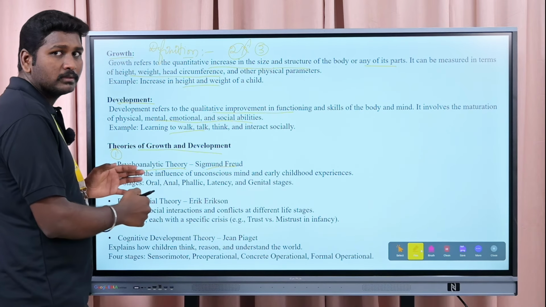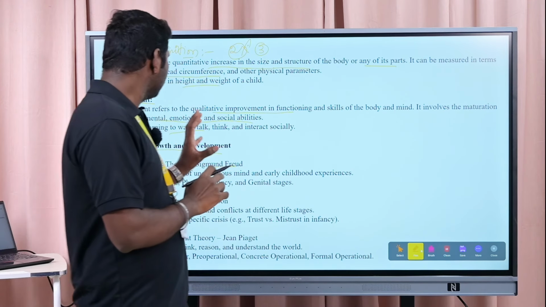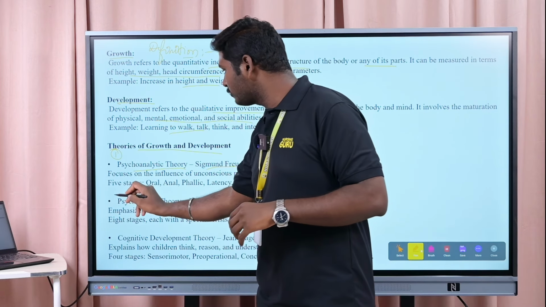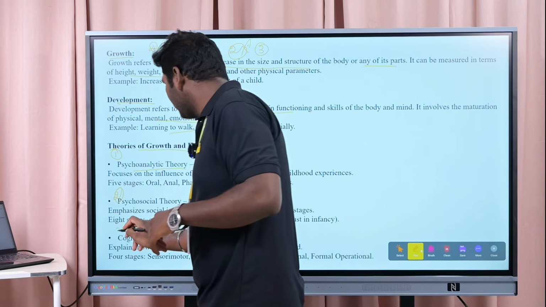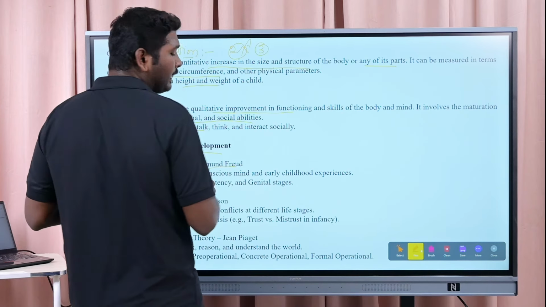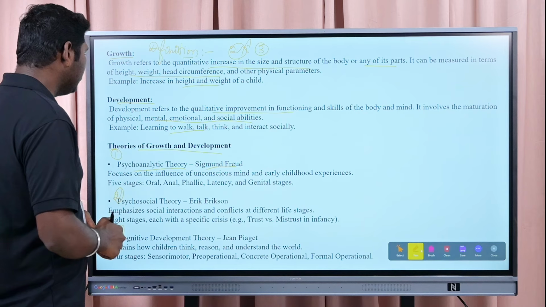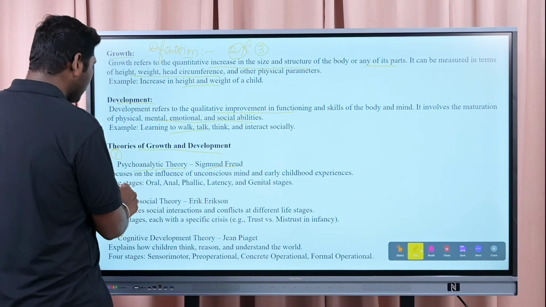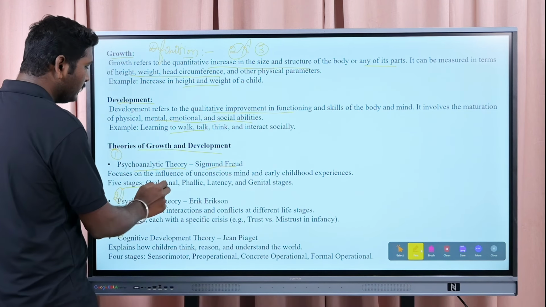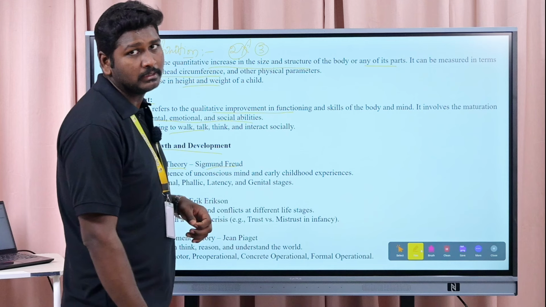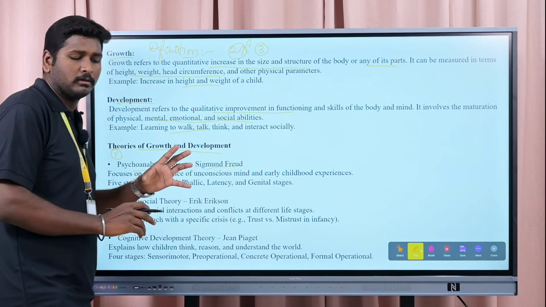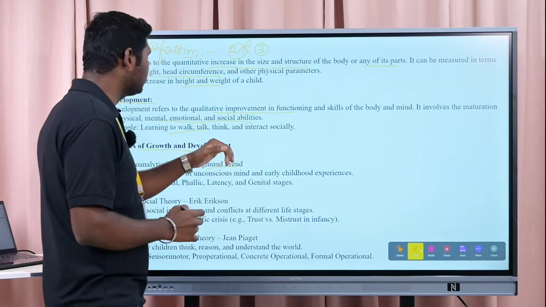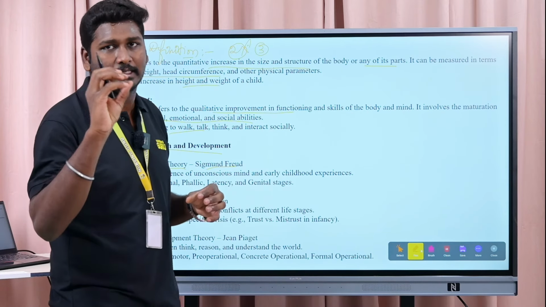Always try to go with the precise theories brought by these people, which show the exact theories of growth and development, where you can write in detail. Psychoanalytic theory, which was brought by Sigmund Freud, mainly has 5 stages: oral, anal, phallic, latency, and genital stages. Since they have asked for the theories of growth and development overall, try to explain concisely.